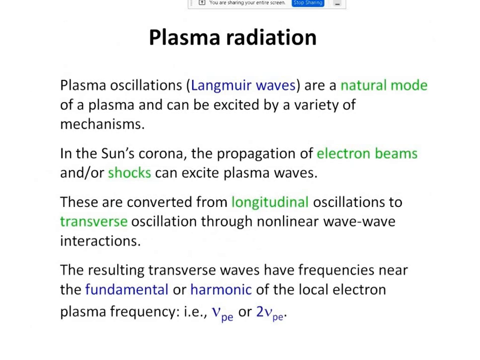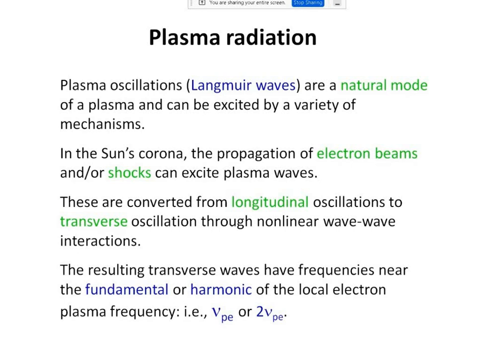For plasma emission, first, Langmuir waves are a natural mode of plasma, and they can be excited by a variety of mechanisms. I will show the cartoon of the Langmuir waves too. In the solar corona, the propagation of electron beams or shocks can excite plasma waves.